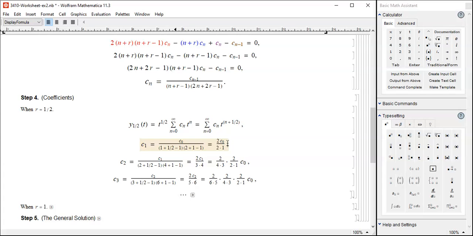And then plug in n equals 2 and then try to simplify. Plug in n equals 3 and try to simplify and try to draw some pattern out of these.